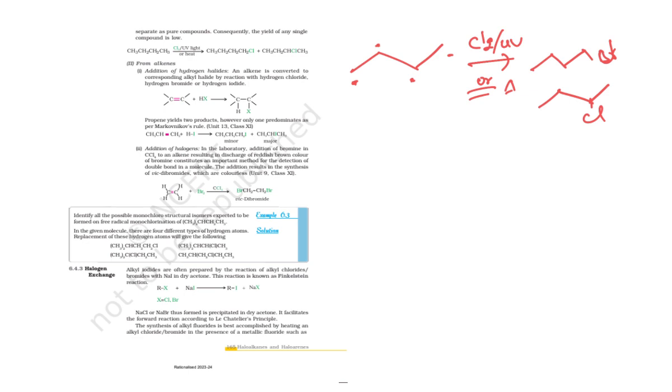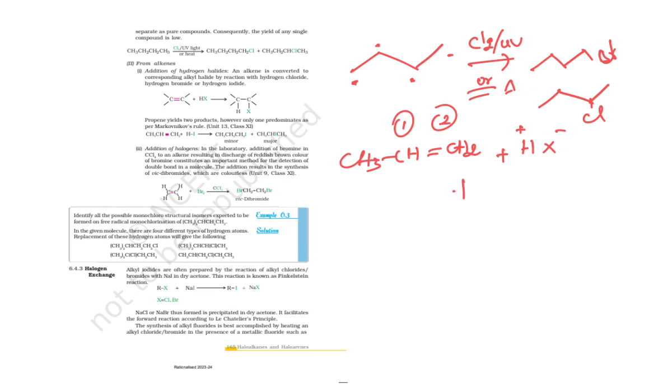When it comes to the reaction from alkene, we will start with propene. In this propene, an unsaturated alkene, we have here one hydrogen, here two hydrogens. I will tell you why we need to know the number of hydrogens present on the double bond. If I take HX, this is the positive part, this is the negative part.